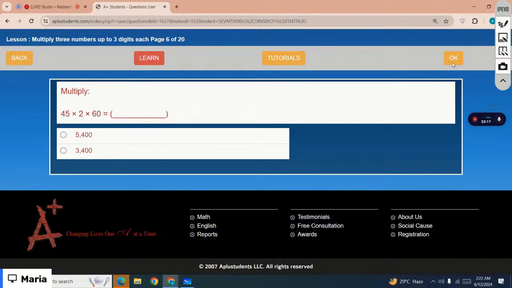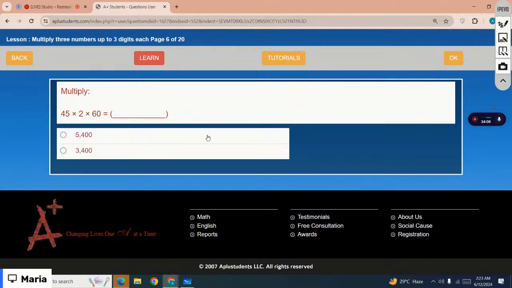Multiply 45 times 2 times 60, which is the correct option? 45 times 2 is 90, and 90 times 6 is 9 times 6 is 54.